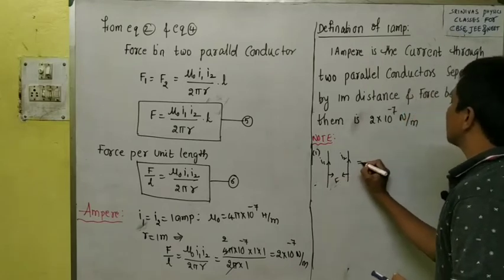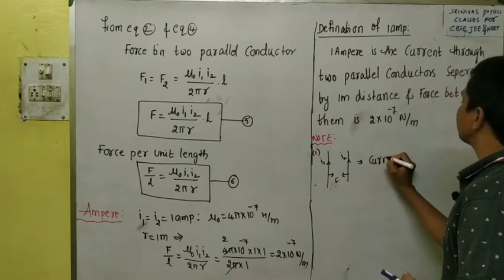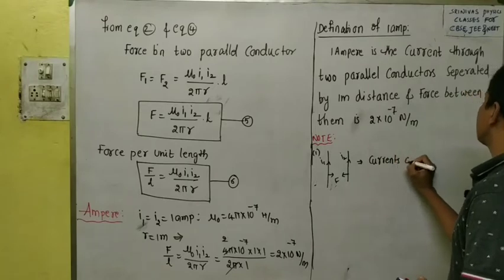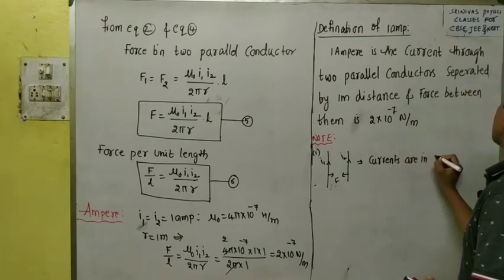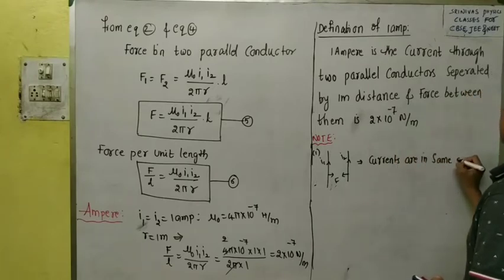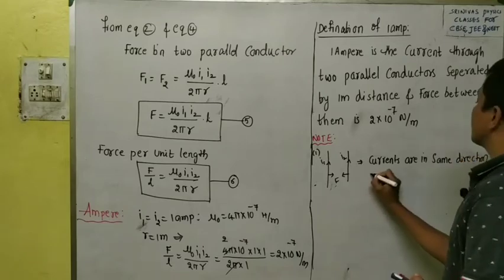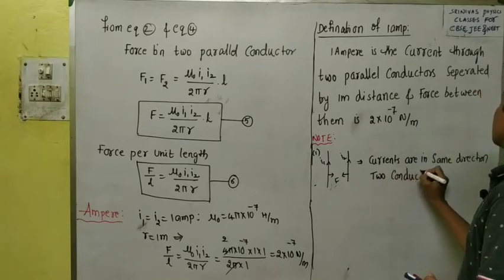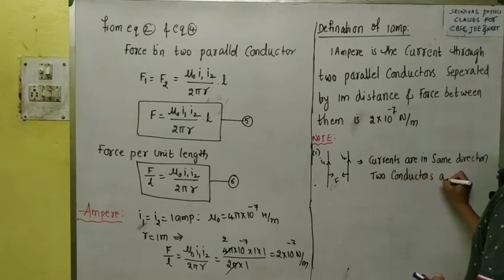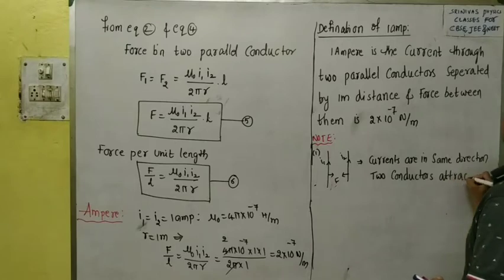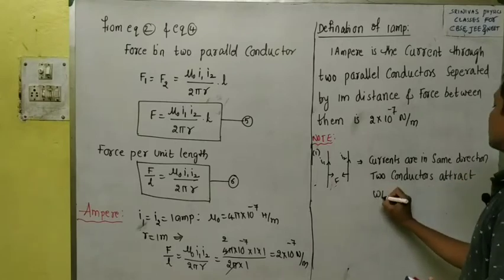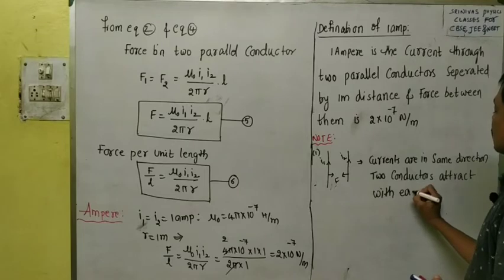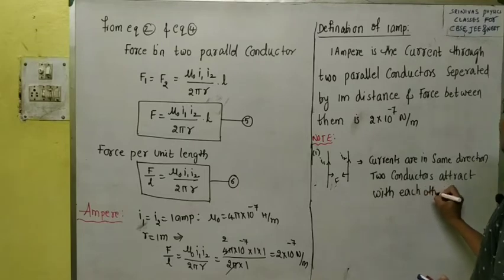If currents are in the same direction, then the two conductors attract each other.